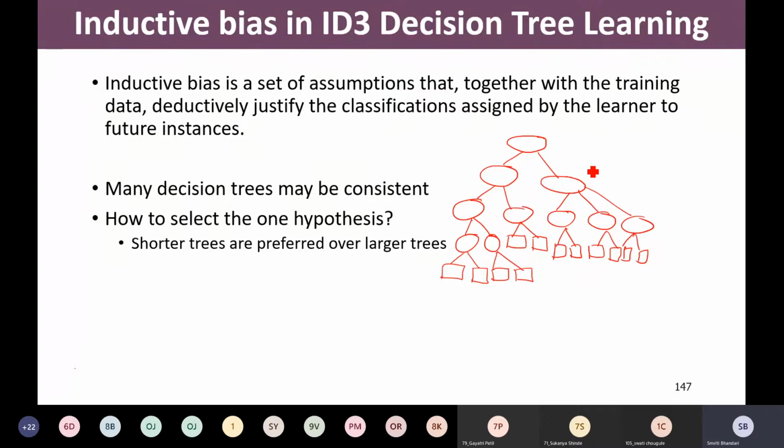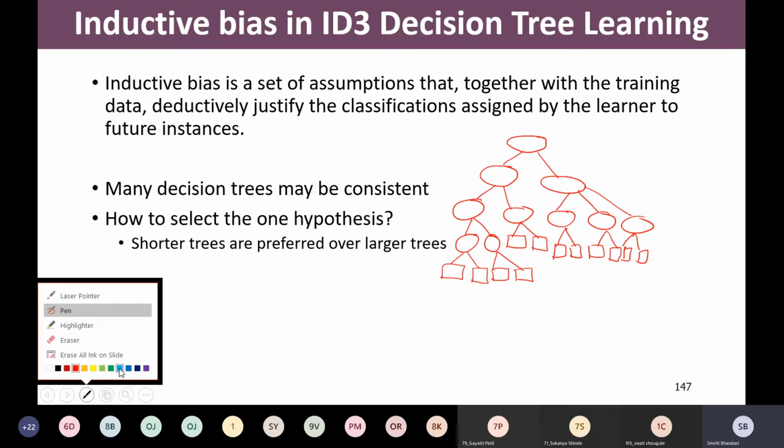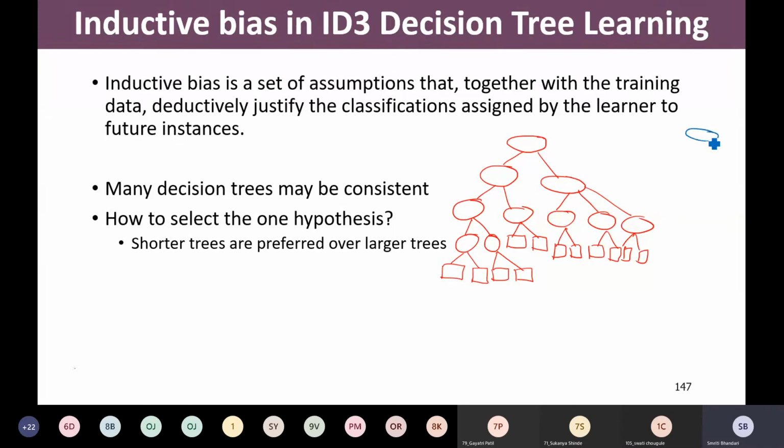Say for example, the other decision tree may look like this, here itself is the leaf node, and we are having the leaf node here. So something like this. So obviously, which tree is shorter here? This is one solution and this is another solution.